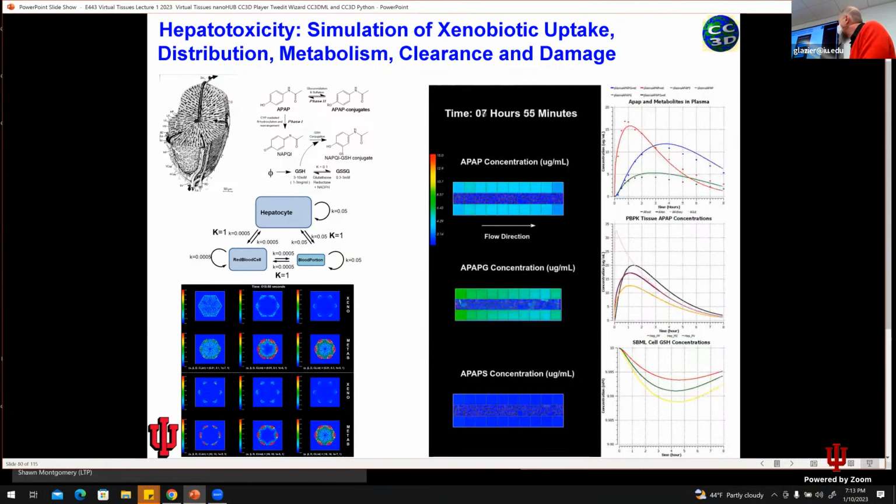And so Tylenol is metabolized into a molecule that binds irreversibly to glutathione, depleting glutathione. And so if you get too much Tylenol metabolized into NAPQI, your glutathione levels in your liver drop and the liver cells die.